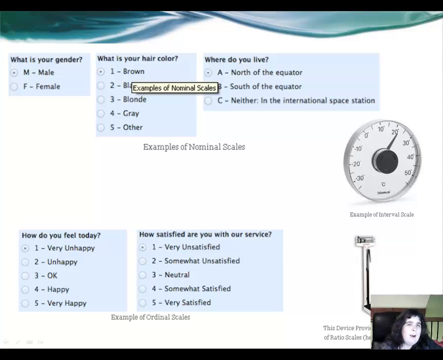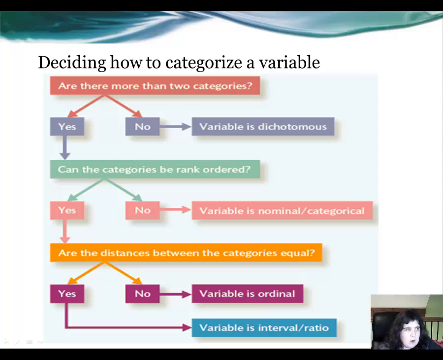So how do we know how to actually formulate our question or to choose which variable to use? Diagrammatically, I believe that this diagram will help you in making those decisions. So are there more than two categories? If no, that is basically a dichotomous question, a yes-no question. If there are more than two categories, we have to question, well, can they be ranked in ordinal scales?